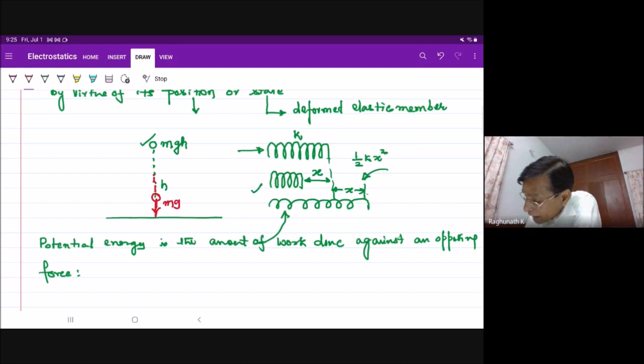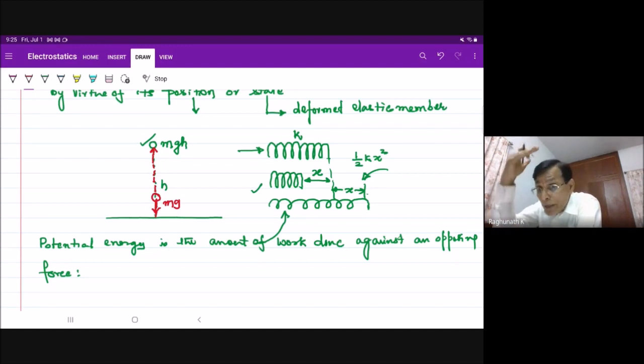Against this mg, I moved it through a distance h, because of which the work done on the object of mass m against its weight is mgh, against the force of attraction from Earth, against the gravitational force.